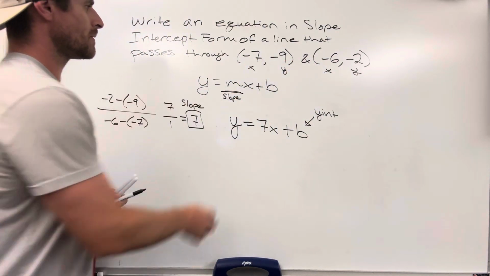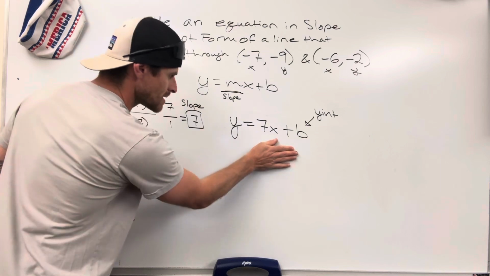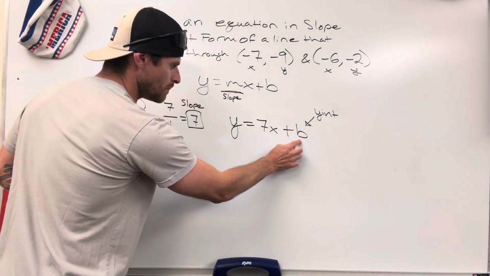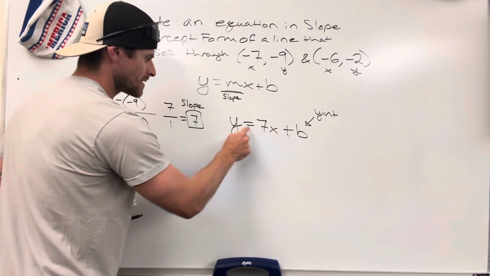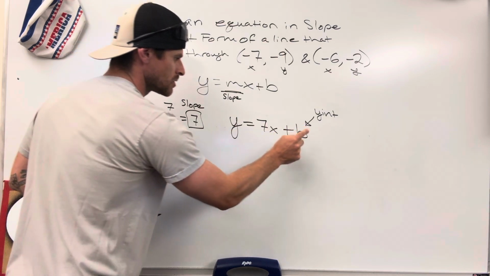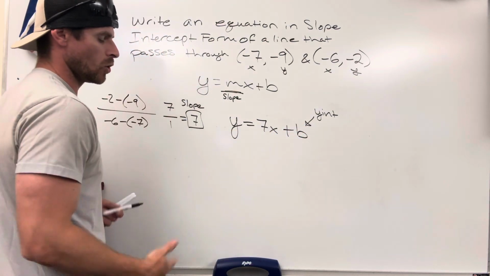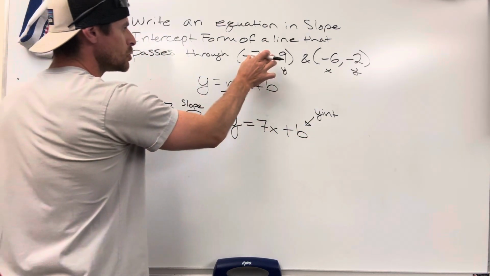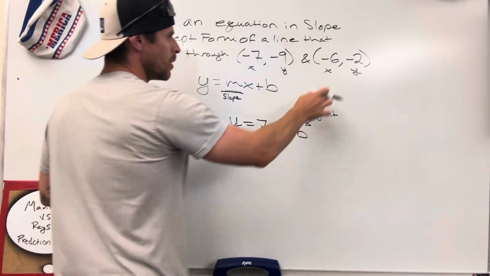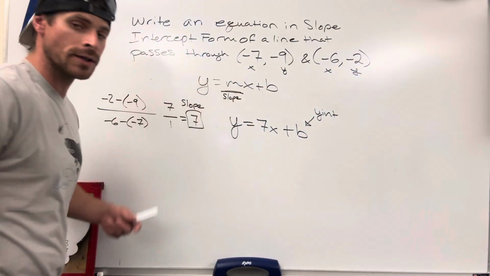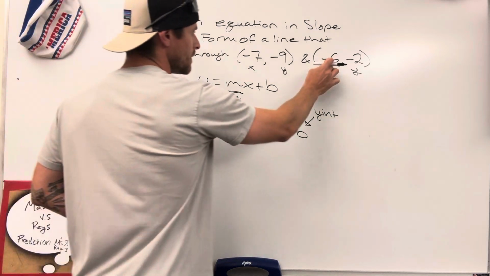But what they do have is an x and a y, and if you look at this equation right here, we're trying to find b, and we need an x and a y to be replaced, so b is the isolated variable all by itself. So you can either choose to use this coordinate here or this coordinate here. It's really your choice. I like (-6, -2).